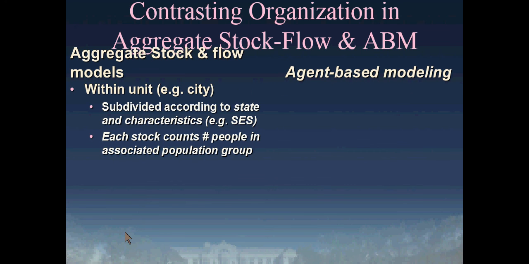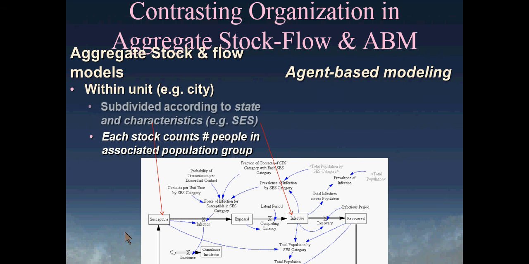Let me see if I could put it this way, ladies and gentlemen. This is a very important point in understanding the distinction between them. We saw two models of predator-prey, one agent-based, one system dynamics. In system dynamics modeling, we organize the model according to state. So we have a stock of hares, a state variable, lynxes, a state variable, and we count the number of each type, okay? If we had a population which could be susceptible, exposed, infective, recovered, we'd have a box for each.